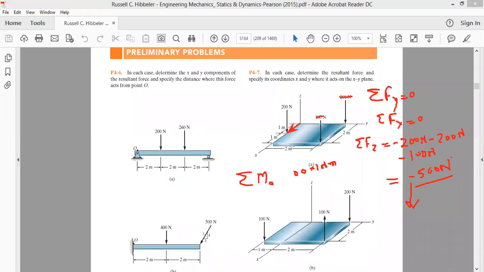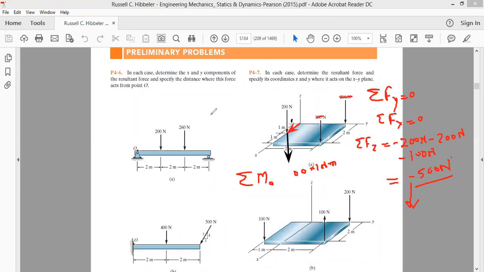The force is acting downwards. It's like this, this is our radius vector. This unit is 1 meter.